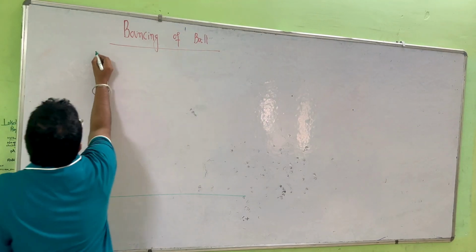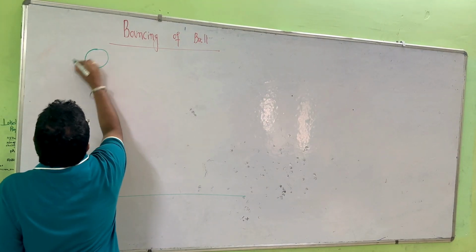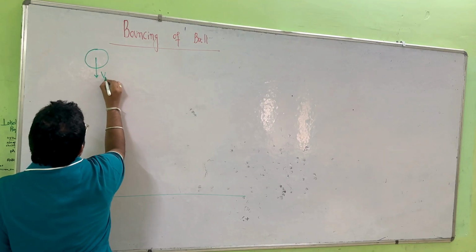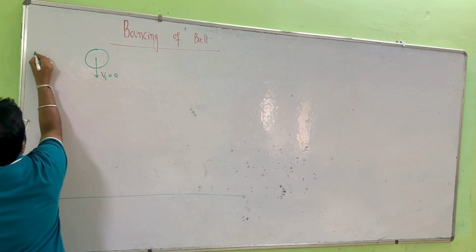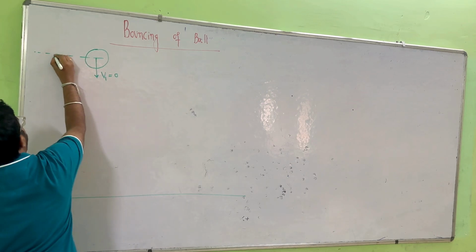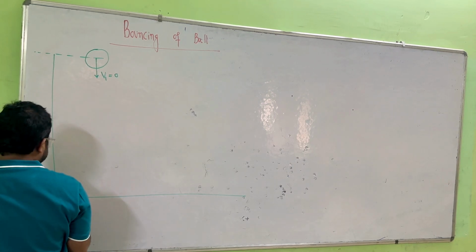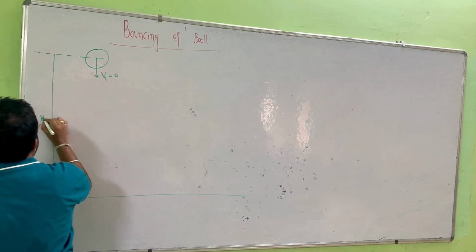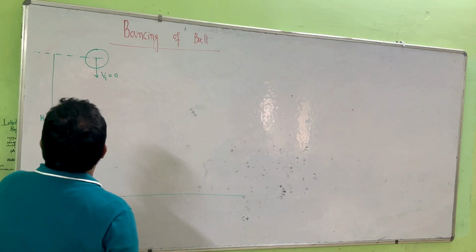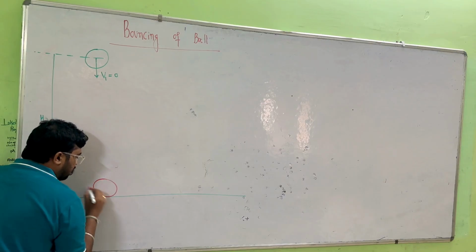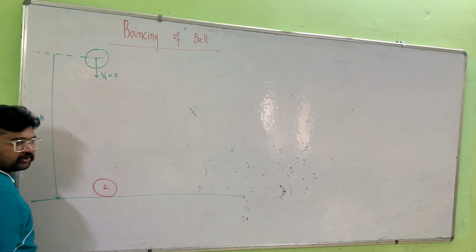See this. A ball is released from height h with initial velocity 0. It is released from capital H and it touches the ground. This is position 2.